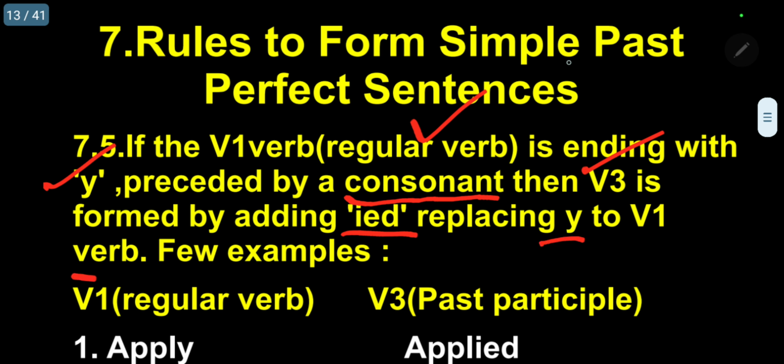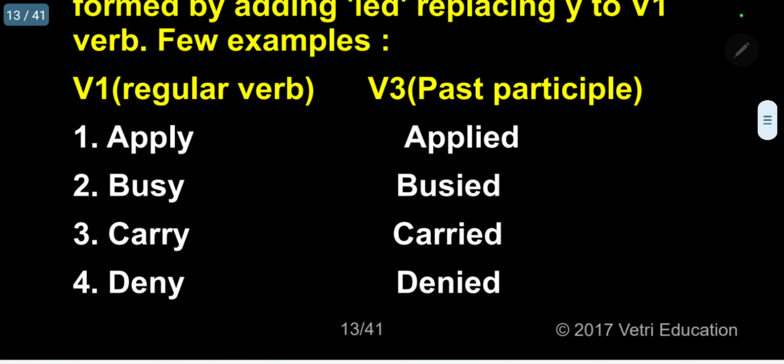A few examples I am giving here. Please follow. Example, apply. Ending letter Y. L is the consonant. So, I am removing Y, IED added. Busy.